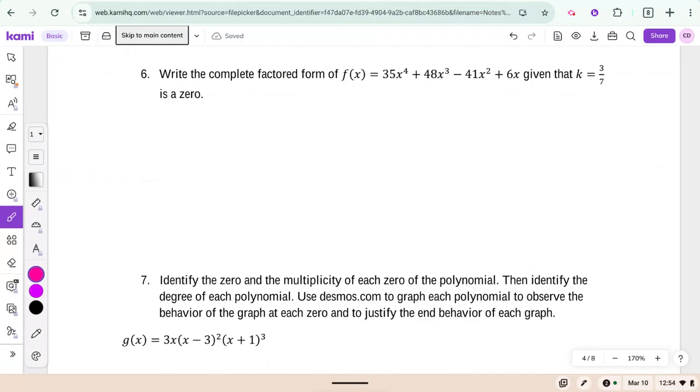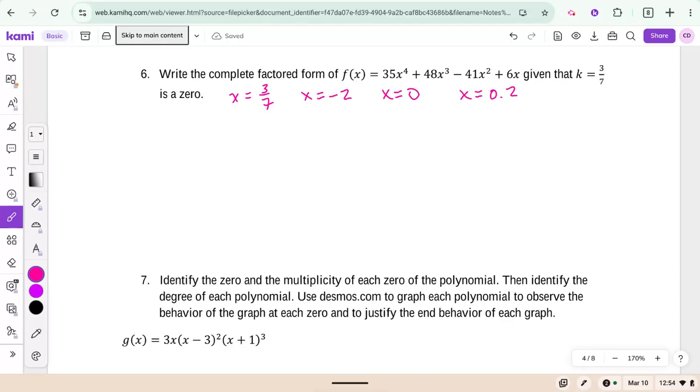So I know that x equals 3/7 was one of my zeros. I had x equals -2. I had x equals 0. And I also had x equals 0.2.